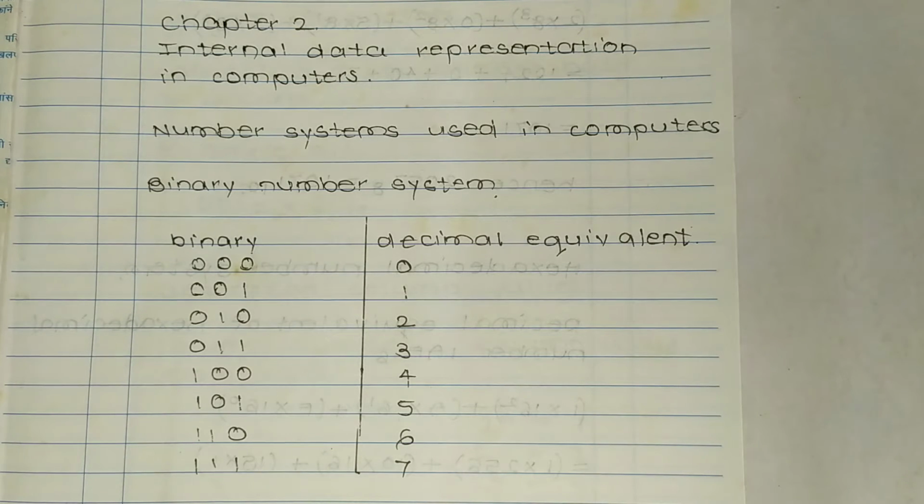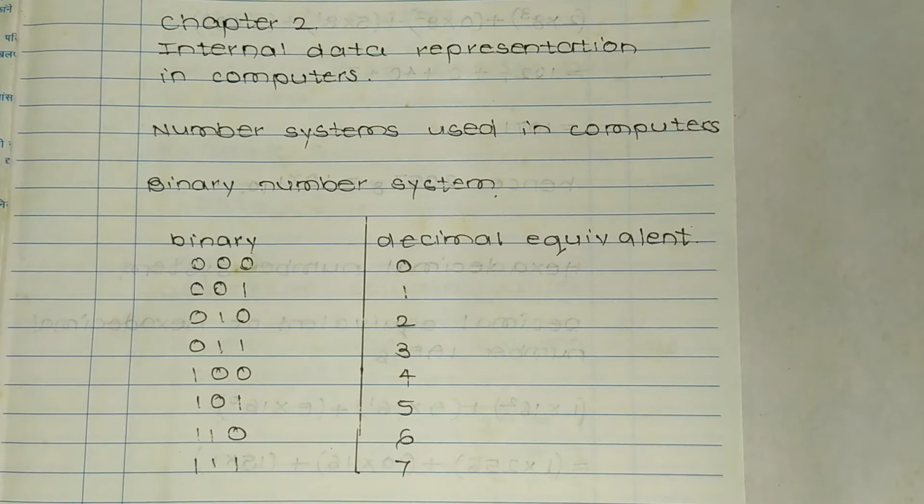So basically, memory dump is a way of displaying or printing raw memory contents. Working with memory dumps in binary form is very difficult, hence other systems have also evolved, which are octal and hexadecimal number systems.